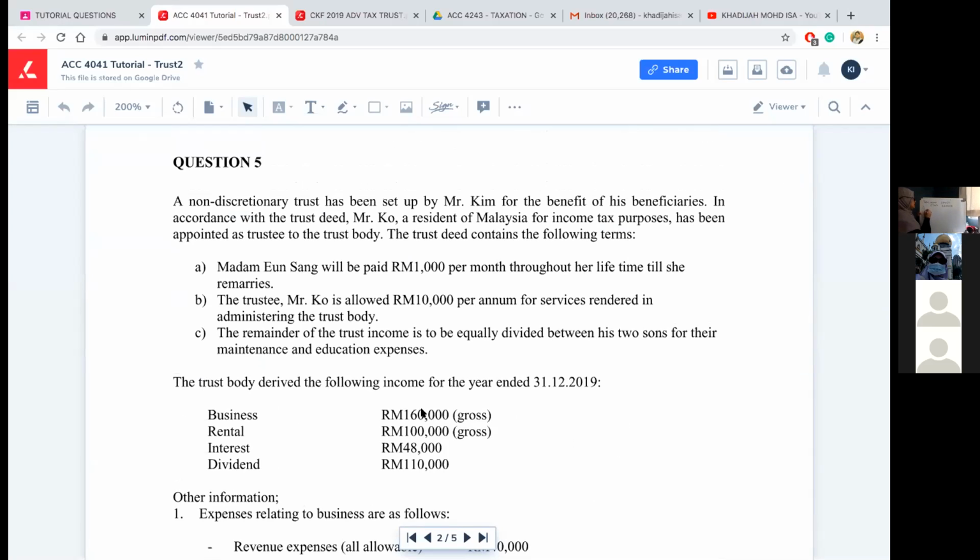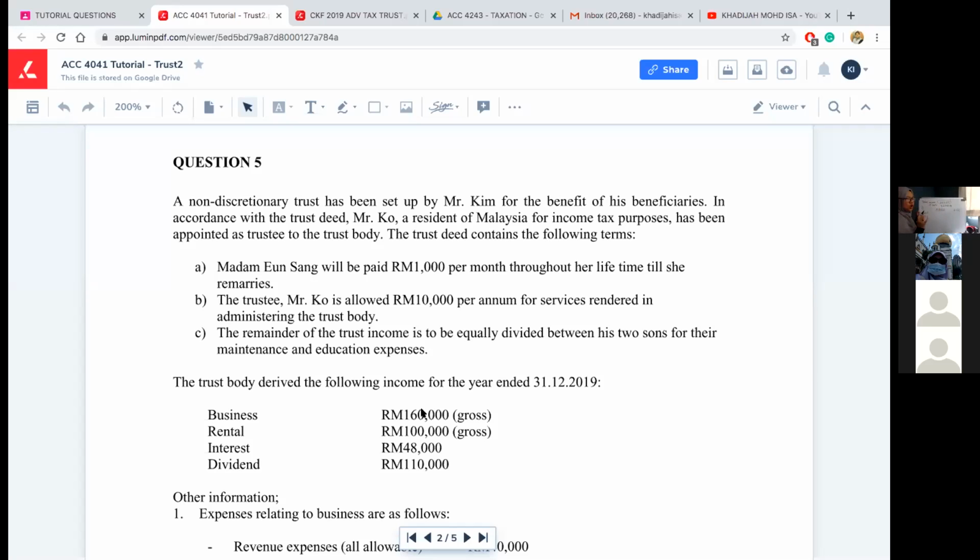So 61(2) not applicable. Then if you were to apply 61(2), how is it going to be? It means that son 1 and son 2 would be assessed on this gross amount.